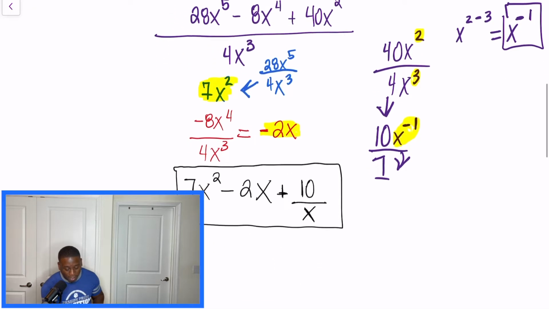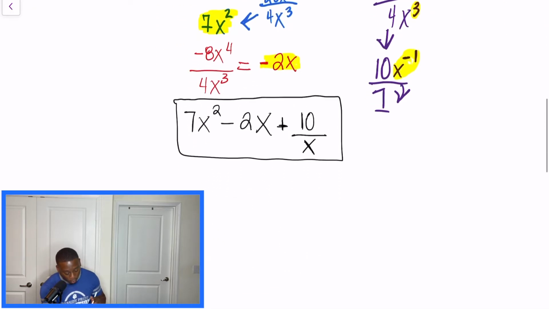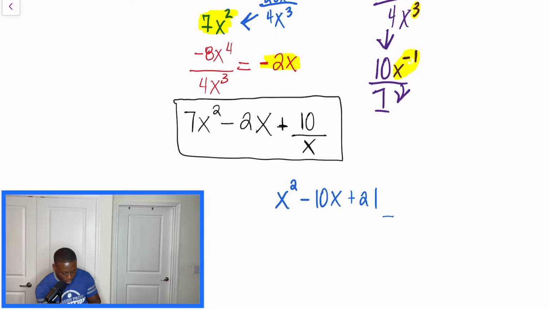All right, so now let's go on to when we are dividing polynomials, but the denominator now is a binomial. It has two terms. So if we look at our third problem, we have the trinomial x squared minus 10x plus 21 all over x minus 7.